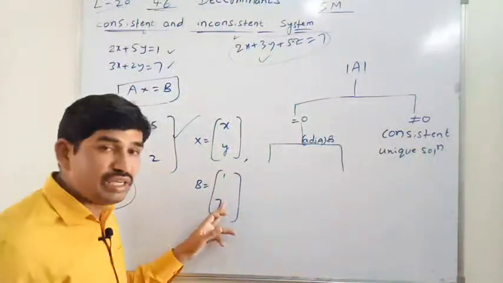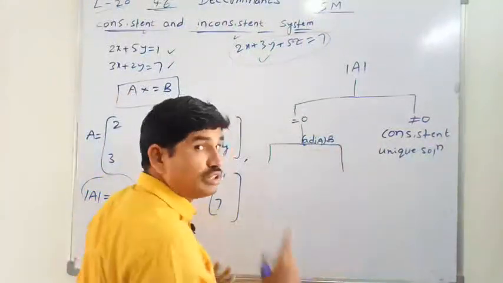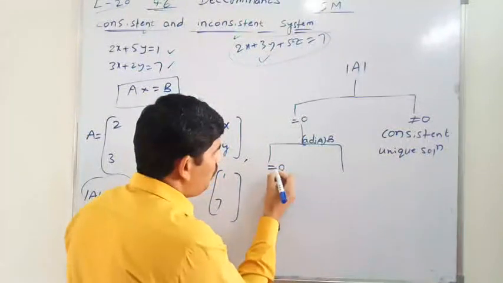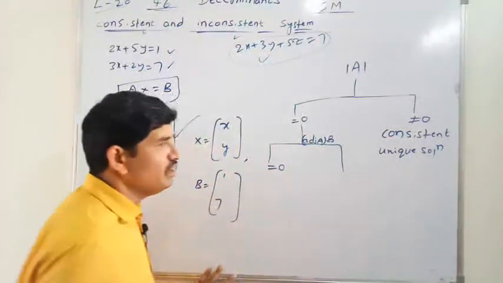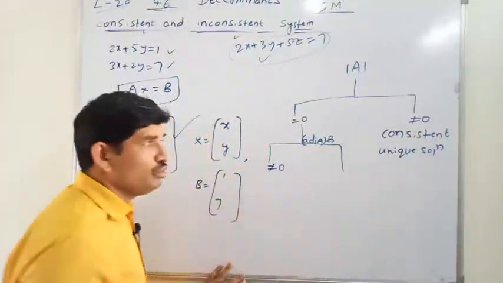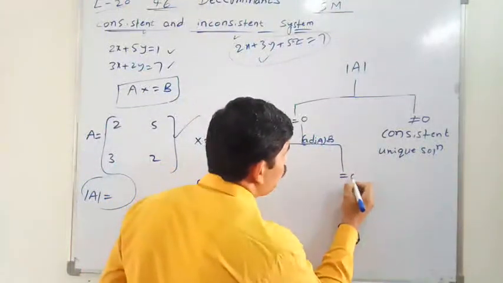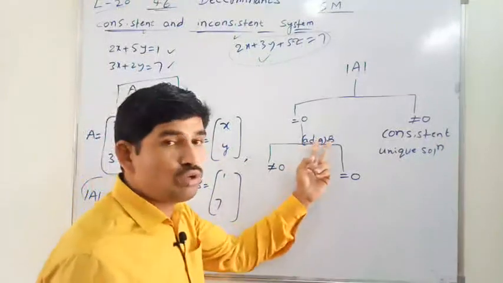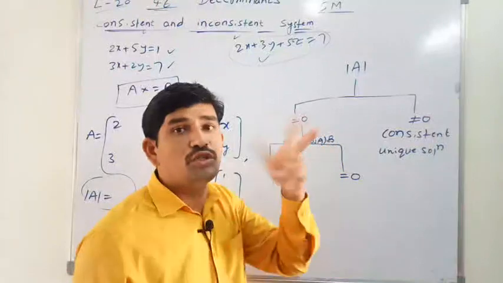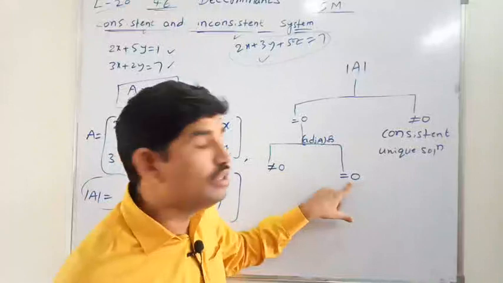Adjoint A is multiplied with matrix B. Then the product of these two, suppose we got a 0 matrix, or not equal to 0. In some cases we got a 0 matrix. The product of these two I am going to write as a 0 matrix, because this is a matrix and this is again a matrix, so the product of two matrices will again be a matrix. That's why I say 0 matrix.